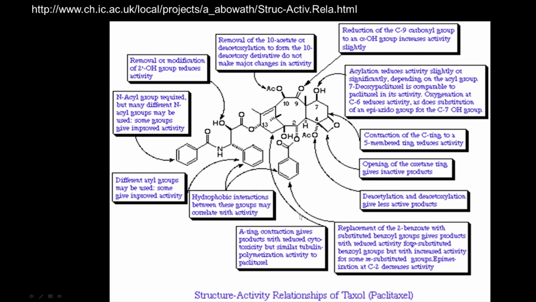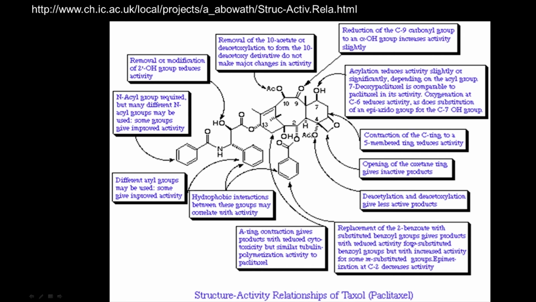A ring contraction gives products with reduced cytotoxicity but similar tubulin polymerization activity to paclitaxel. Opening of this ring gives an inactive product. Contraction of the C ring to a 5-membered ring reduces activity. Deacetylation, that means removing the acetyl group, gives a less active product.